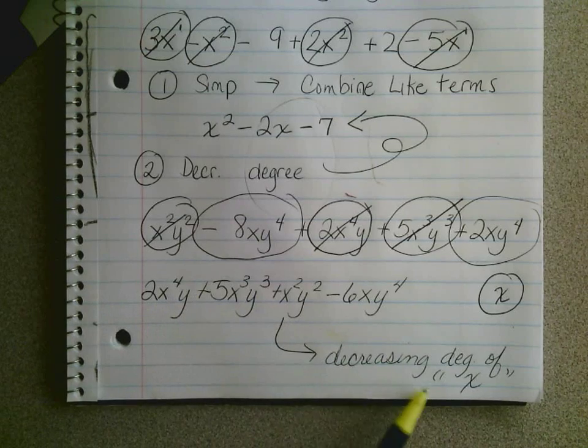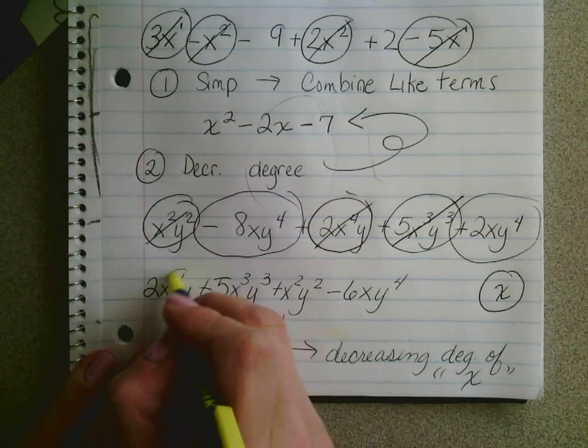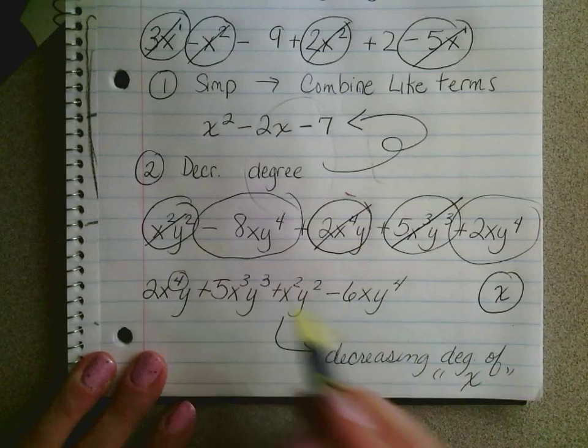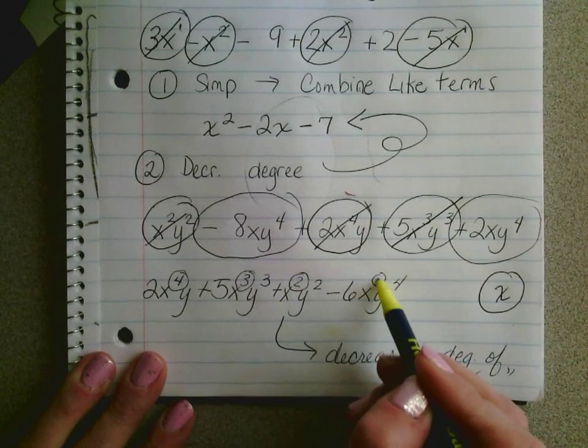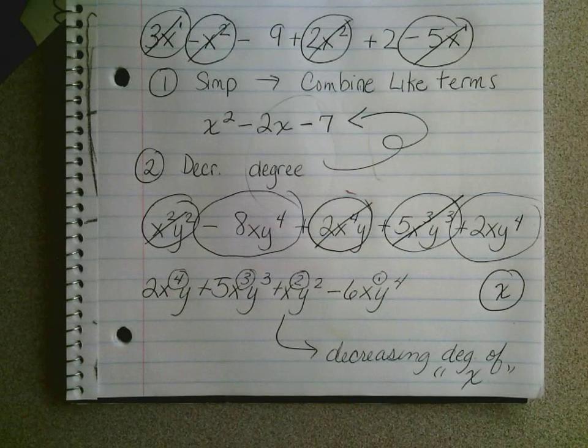But since it was in decreasing degree of x, we had our biggest degree first, followed in order by the remaining degrees. How you guys feeling about degrees? Okay. All right.